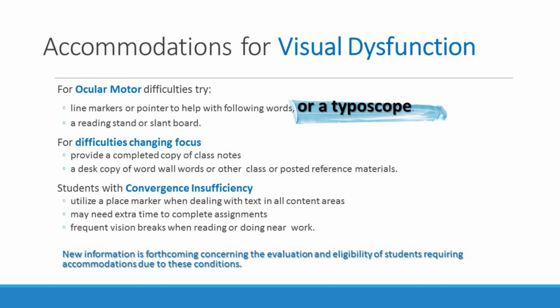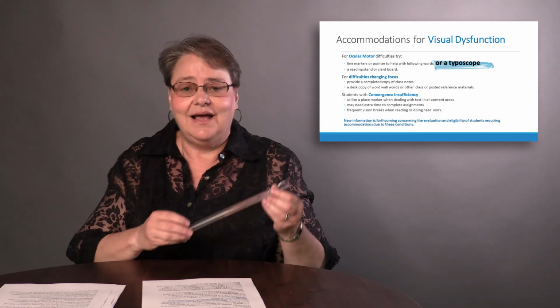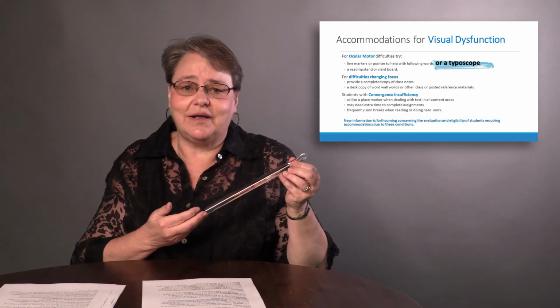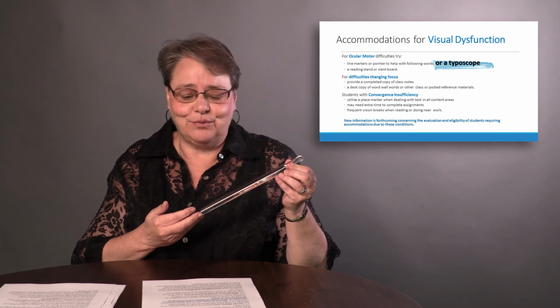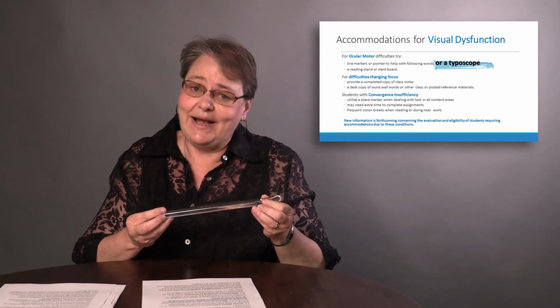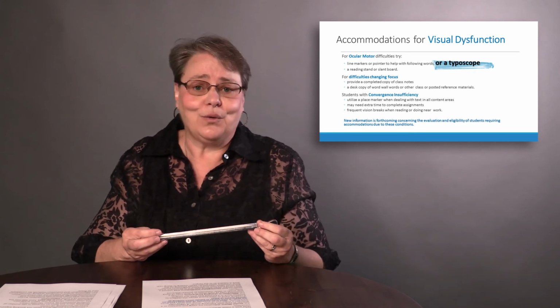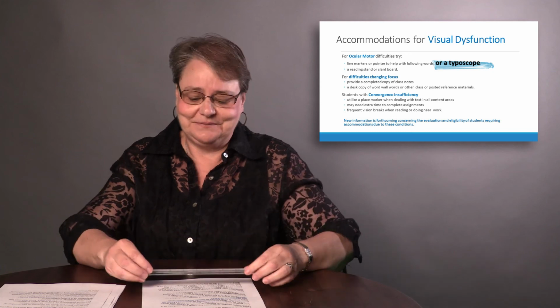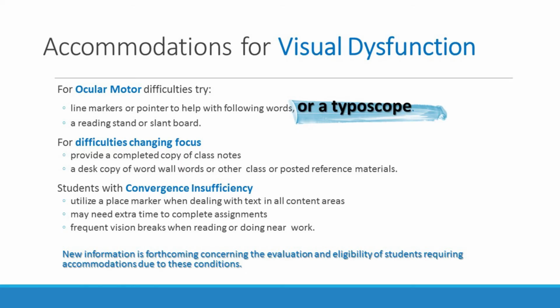The most common accommodations considered for a student with a visual dysfunction easily fit within the classroom. For ocular motor difficulties, try using line markers or a pointer to help with following words. A typoscope, such as this one, enlarges a single line of print. I happen to find it quite handy when I'm trying to look at data or numbers on a large document. A reading stand or slant board allows the student to position work in a focused way with less fatigue.